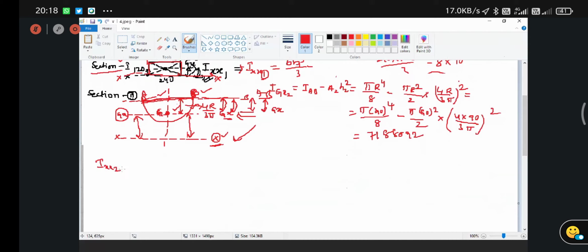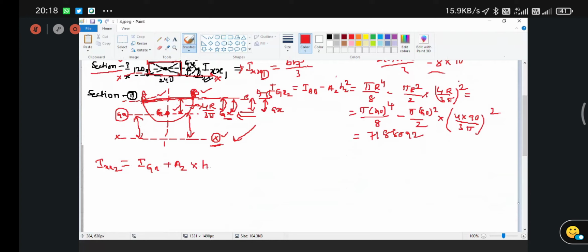Ixx2 is equal to the moment of inertia about its central axis, plus the area of that particular quarter circle into the square of the distance between those two axes.